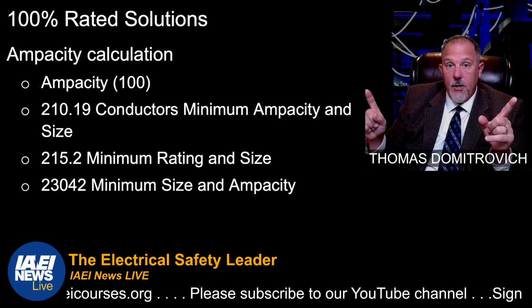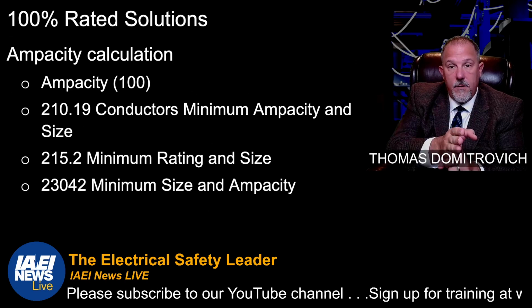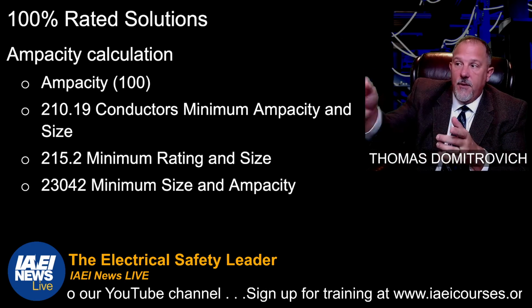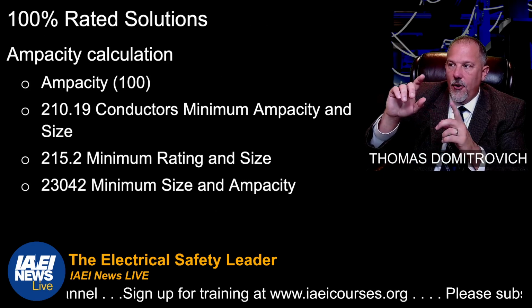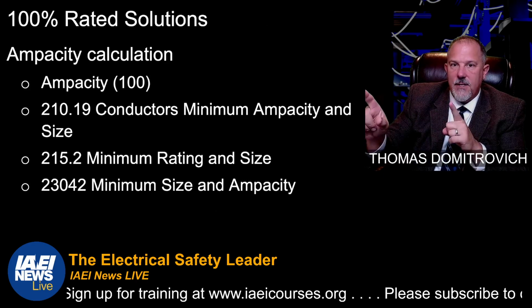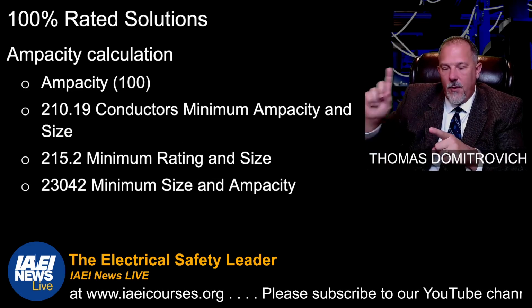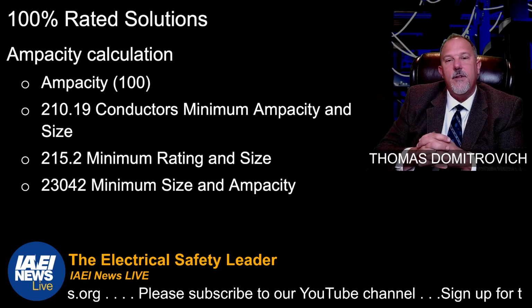But then what you do is you pick your overcurrent protective device to protect the conductor. And then you have to follow 210.20 that says your overcurrent protective device has to be greater than 1.25 times the continuous plus the non-continuous.